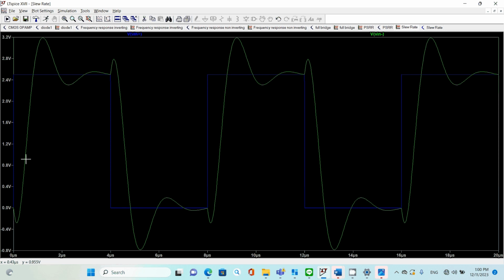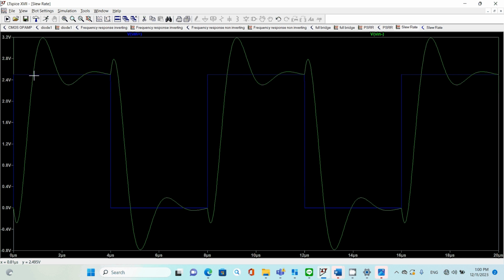As you can see here, the op amp will respond to your input signal at the output V out, and that takes time because you have a charging of capacitor. It starts from 0 to 2.5.